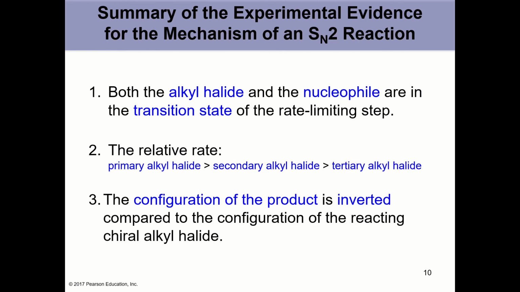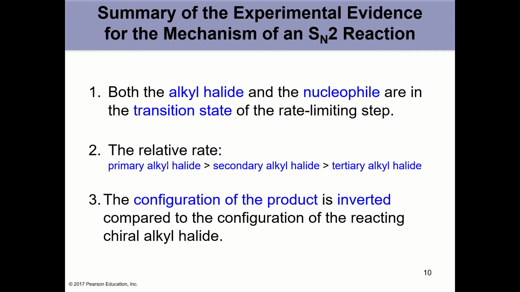All right, summary of experimental evidence for the mechanism of an SN2 reaction. Both the alkyl halide and the nucleophile are in the transition state of the rate-limiting step. It takes longer for the reaction to occur as we increase the alkyl halide substitution.